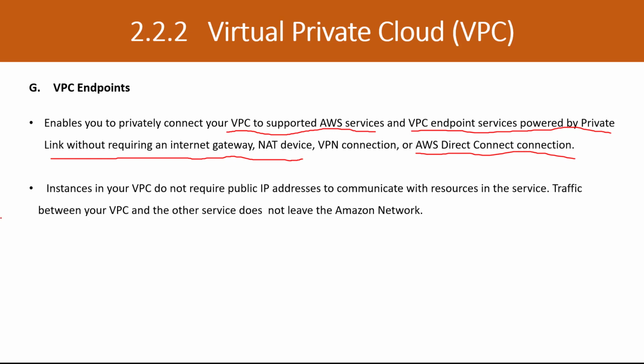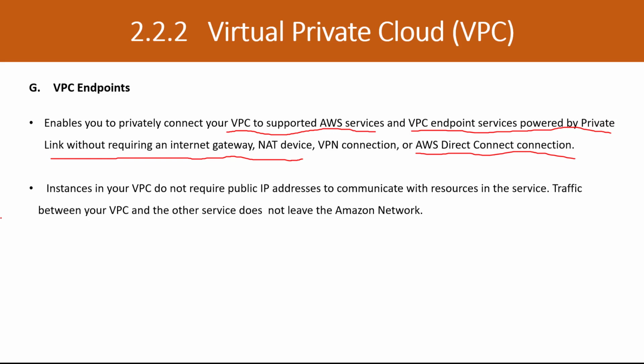If you are in a private VPC and you want to access something like an S3 bucket, which can only be accessible through public access, the domain looks like s3 dot the region, say us-east-1, dot amazonaws.com. This is the domain to access the S3 bucket.